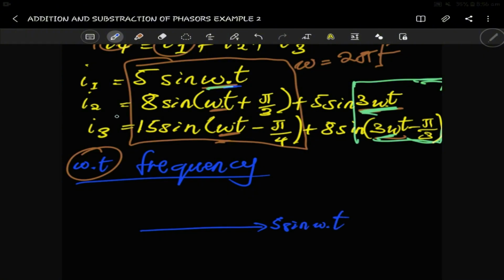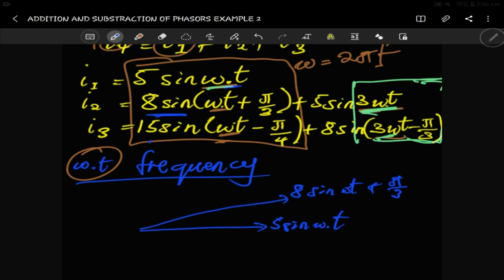And then the second one, this side of the I2 is leading, so it would be about here. This is the 8 sine(WT plus pi on 3).